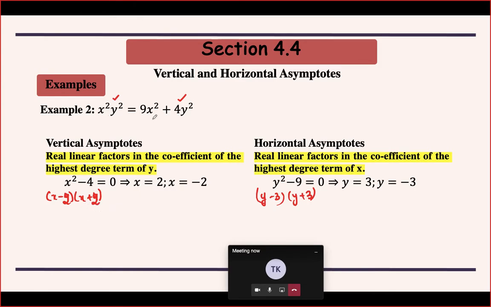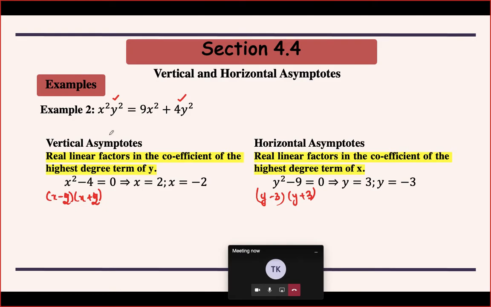Suppose this particular expression has just one term in x square, say only this term. So you can't say 9 is equal to 0. Okay, it should have linear factors. The coefficient part should contain linear factors. So if there are no linear factors, then there are no asymptotes.